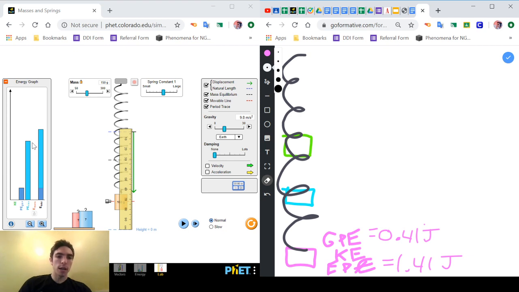We have a good amount of elastic potential. Then down here in the darker blue, we have some gravitational potential. And then at this point, no kinetic energy. There's no little green bar up here. So I know, either from intuition or from the simulation, that we have 0 joules of kinetic energy. This mass isn't even moving yet.